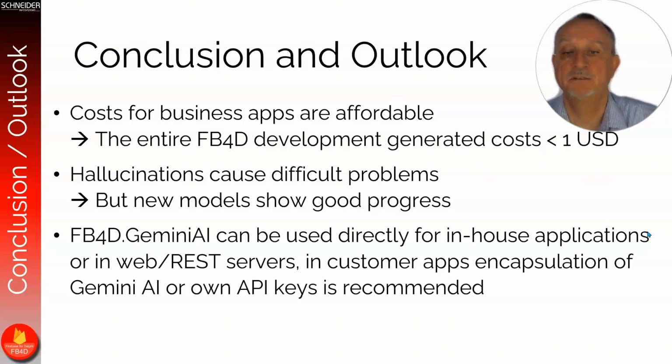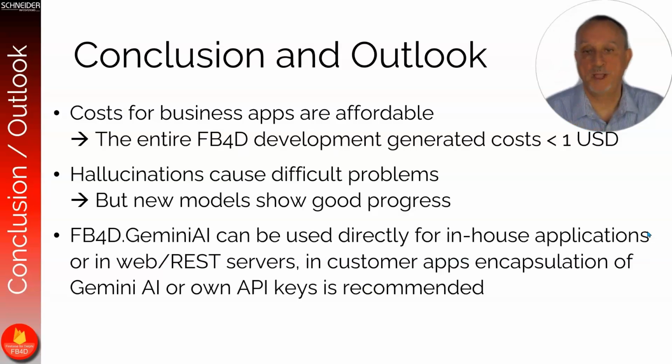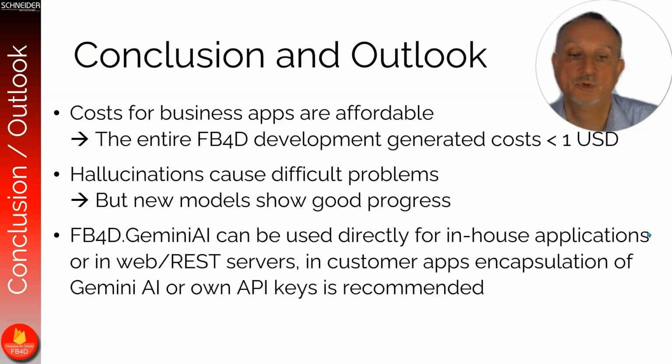In my opinion, the present FB4D Gemini AI solution is ideally suited to build an in-house solution or to make requests within a server application. By the way, it is also possible to build a console application with it. If you build a desktop or a mobile application with it, the problem is that the API key can be stolen, unless you do it like in Red Studio and let the customer enter their own key.